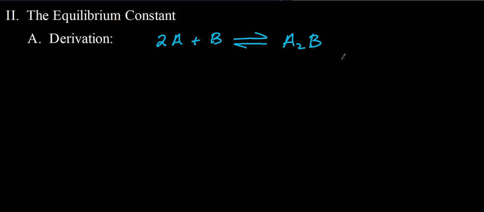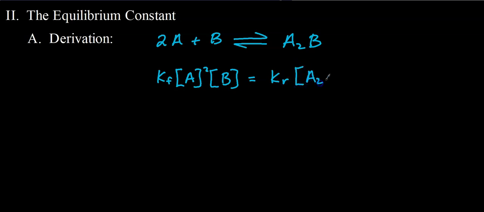Starting with the forward reaction, the rate law is: the rate equals Kf times the concentration of A squared times the concentration of B. How about the rate law for the reverse reaction? Now remember, the rates at equilibrium are equal, so let's set the rate laws equal to each other. Kf is the rate constant for the forward reaction. Kr is the rate constant for the reverse reaction. And so we get this.